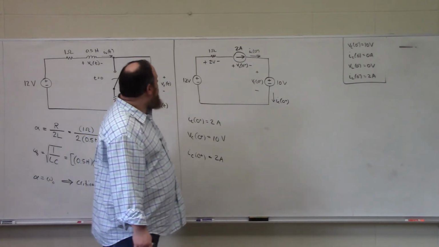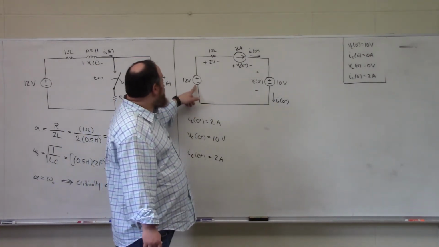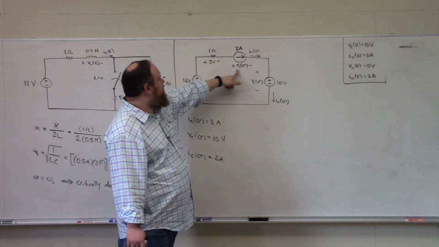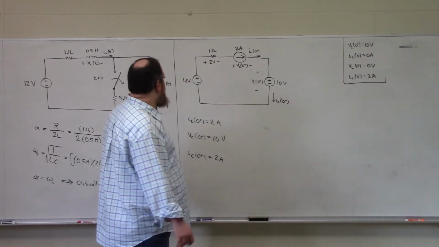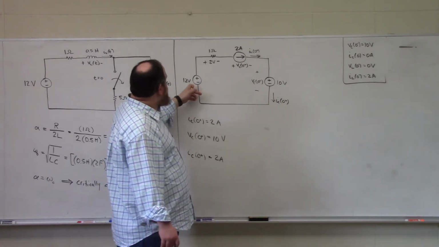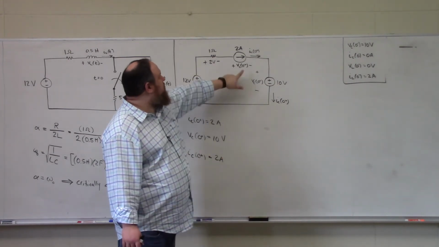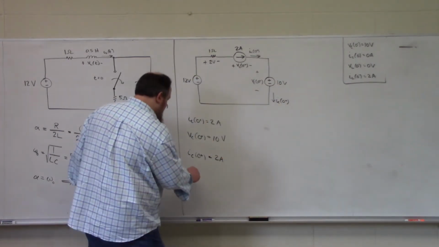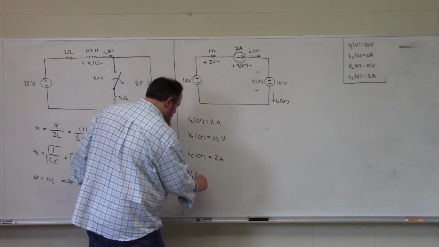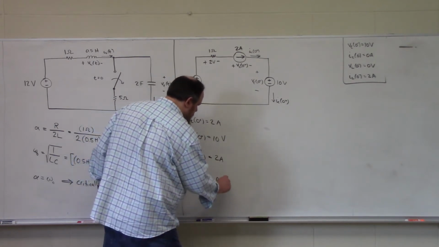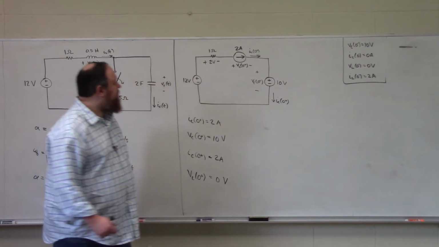So if we wrote a KVL equation, we would see negative 12 volts plus 2 volts plus this quantity plus 10 volts is equal to 0. So negative 12 plus this guy is equal to 0 means VL at 0 plus is equal to 0 volts.